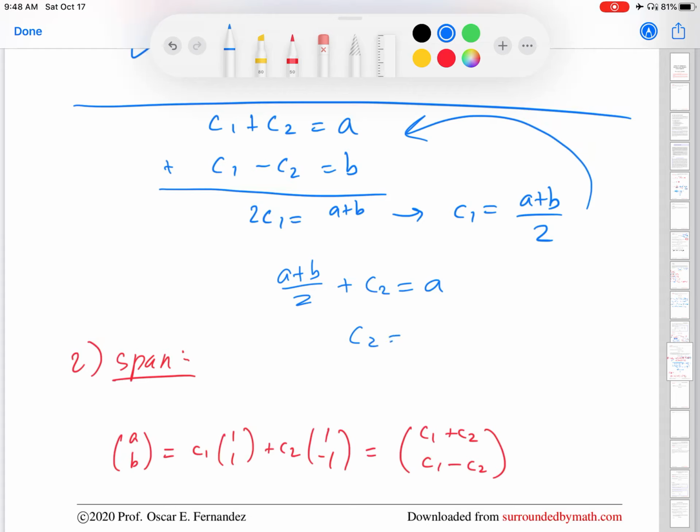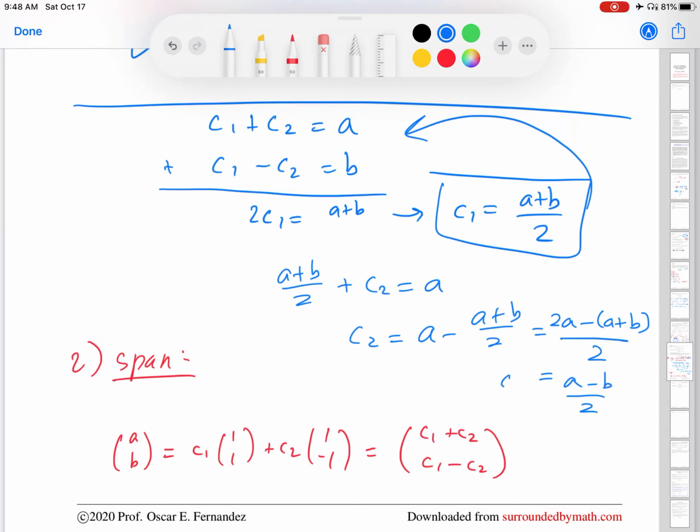So that tells me that c2 is a minus (a plus b) over 2. A common denominator gives me (2a minus (a plus b)) over 2. So I get 2a minus a, that's a, and then minus b, over 2.